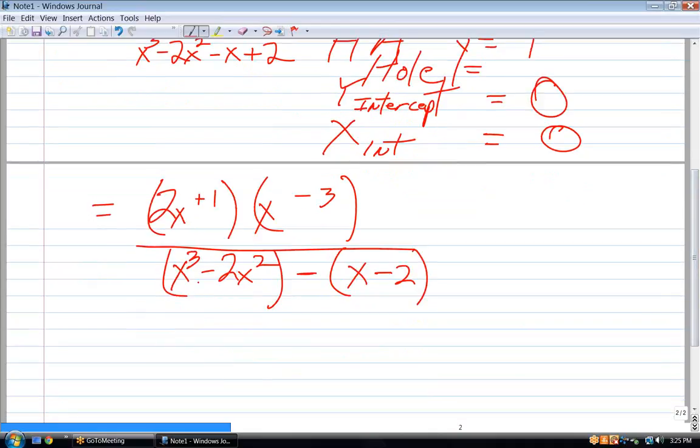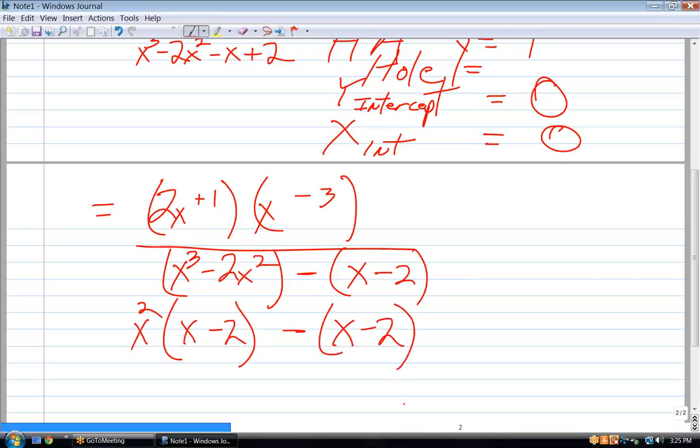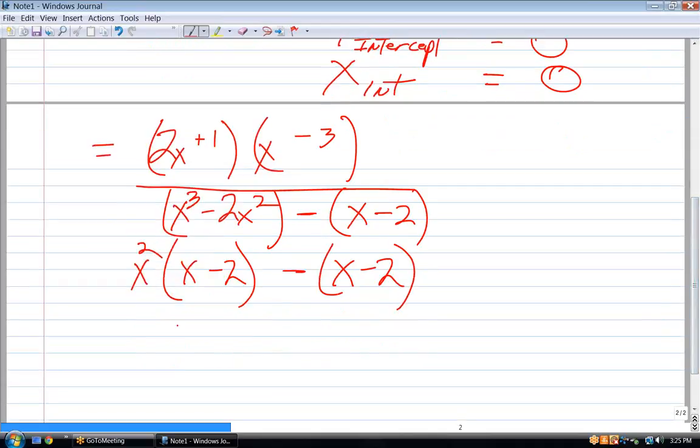Now, on the front end, I factor out an x squared, leaving x minus 2. On the back end, I have the x minus 2. And how does this factor? Let's do it one step at a time.